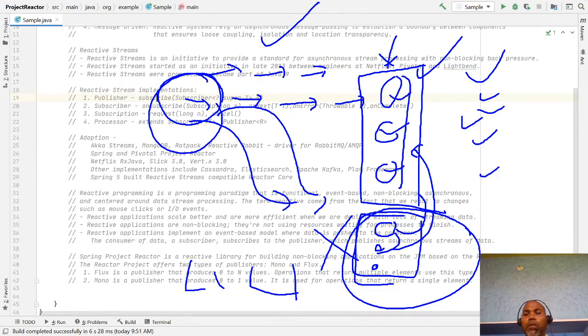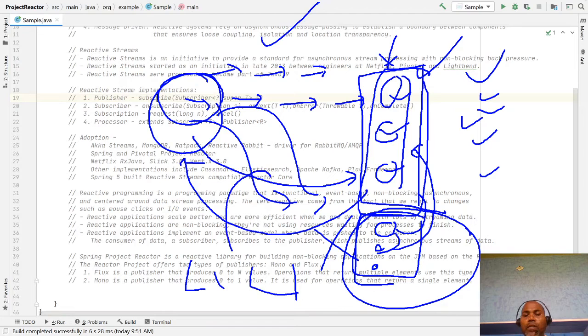Is there any capability by which the subscriber informs the publisher, I need only four elements, or three elements, or 10 elements, or two per second or five per second? Is there any mechanism through which we can control this, so that as per my capability, the publisher can publish data to me?